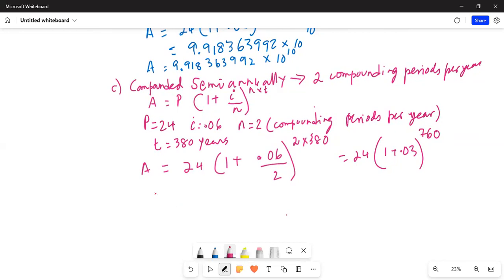A is equal to 24 multiplied by 1.03 exponent 760. Okay, so let's do it. Type 1.03 in your calculator, raise it to the exponent 760, get that number and multiply it by 24.